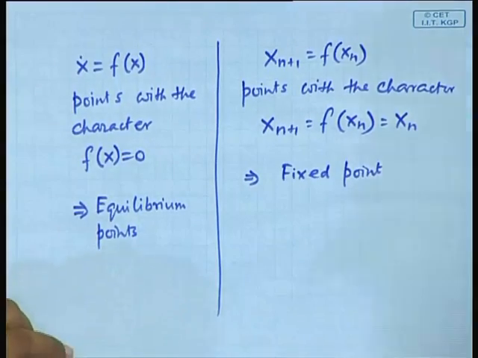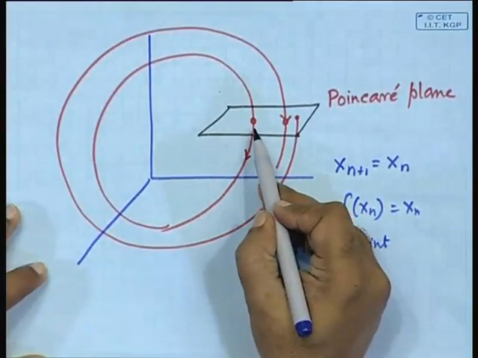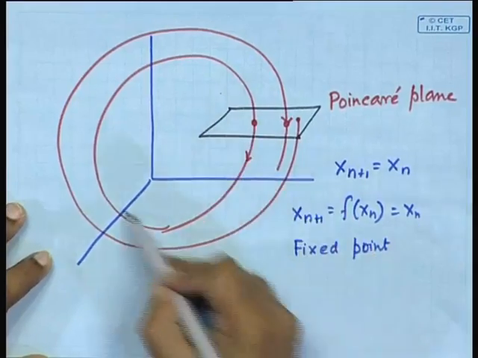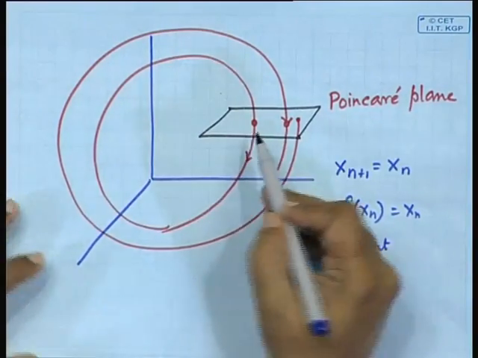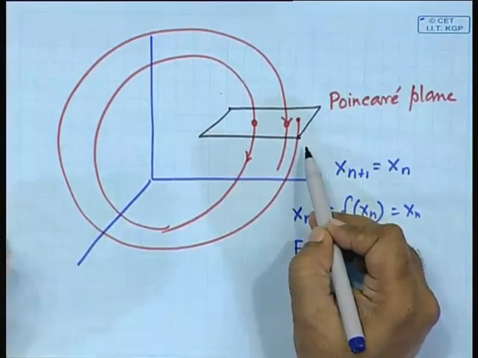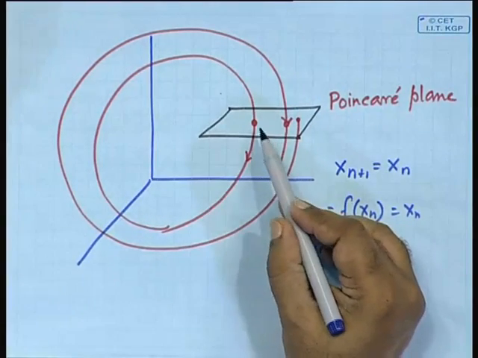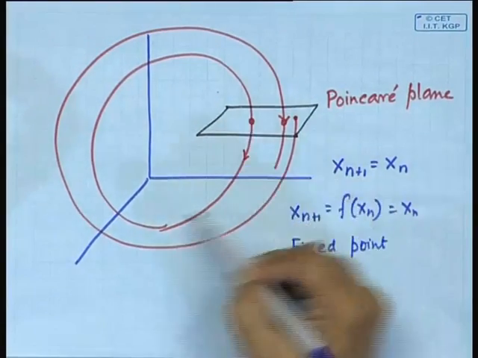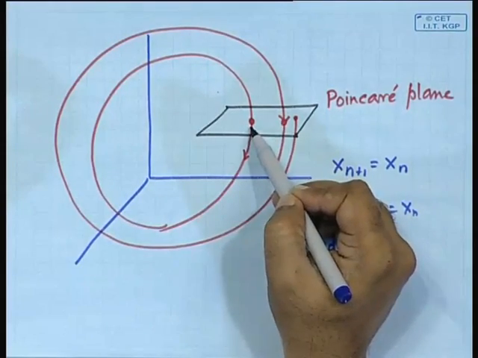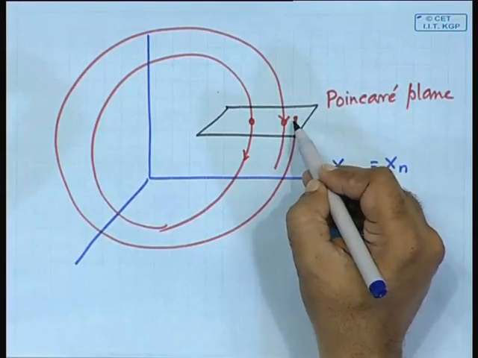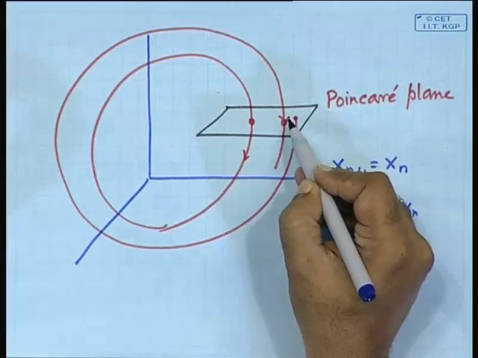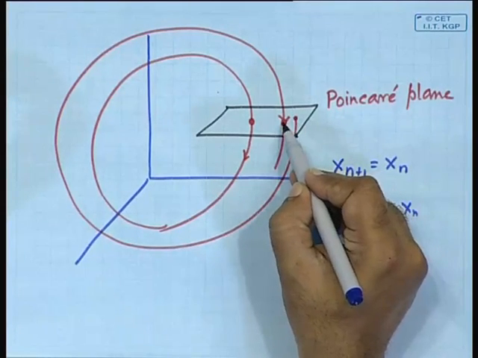The point is that a limit cycle will be visible on this Poincare plane as a fixed point. Is that clear? Because if you start from there, it will land there itself. If you start from somewhere else, it will not land there, because it is not the fixed point, it will land somewhere else.